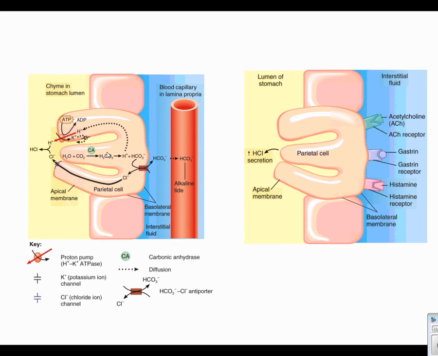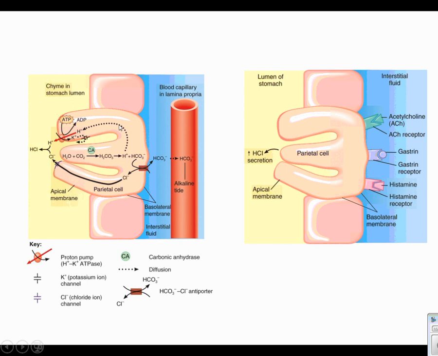Back when we talked about red blood cells, we learned about carbonic anhydrase. We also talked about this the other day with breathing. Remember the enzyme carbonic anhydrase joins water and CO2, forming an acid called carbonic acid. Carbonic acid then dissociates to form hydrogen ion and bicarbonate.